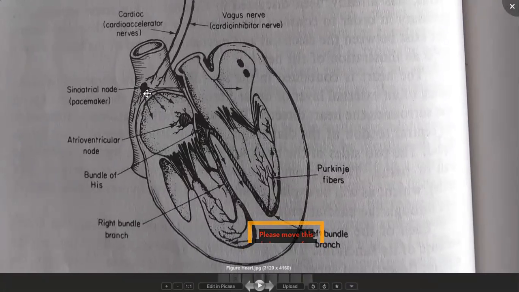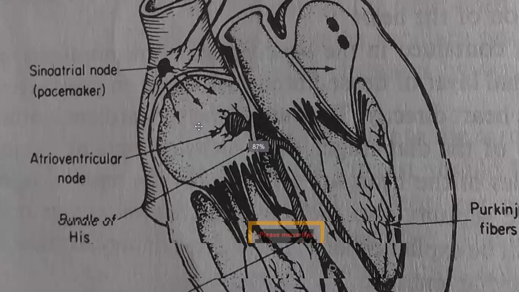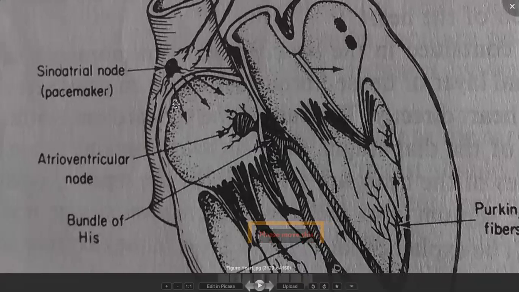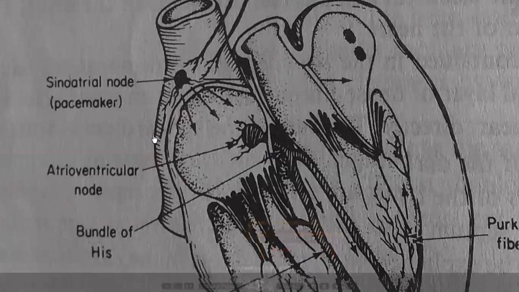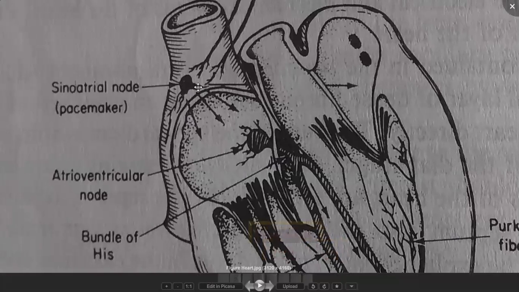This is the sinoatrial node. It is constructed of excitation cells. So this is called the sinoatrial node or sinus node, and it is also called the pacemaker.